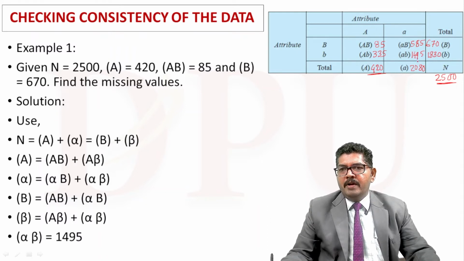So 1495 plus 335 will give us 1830. All the values are calculated and all the class frequencies are found to be positive, and therefore we can say that this particular data are consistent, and therefore it is useful for further mathematical calculations.